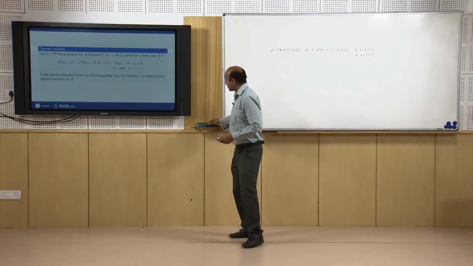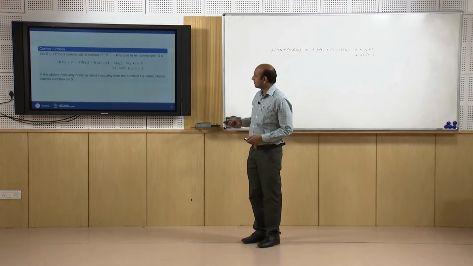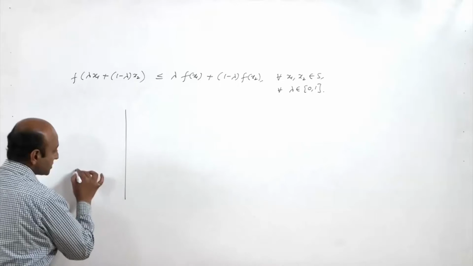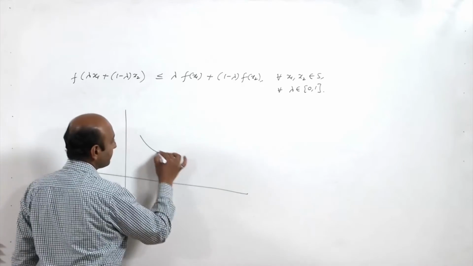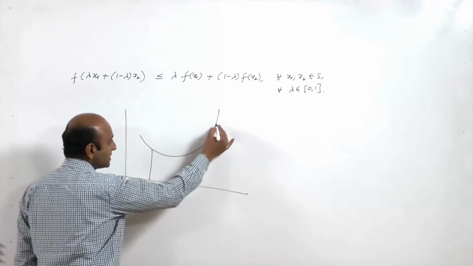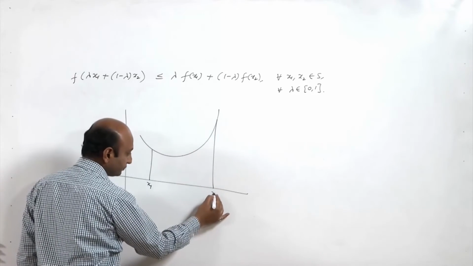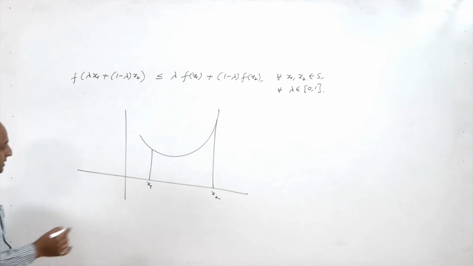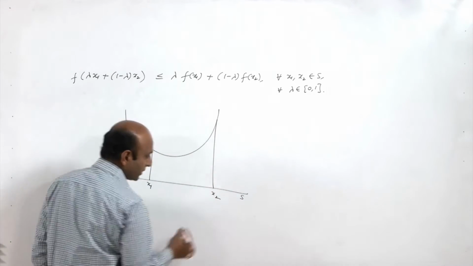So what is the geometrical interpretation of this definition? Let us see. Now suppose we have a function of this type. Suppose this is a point x1 and this is some point x2, any arbitrary points.